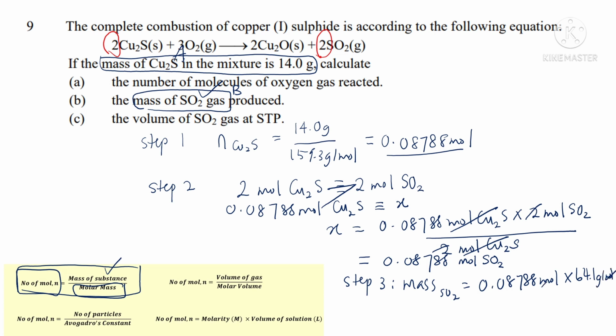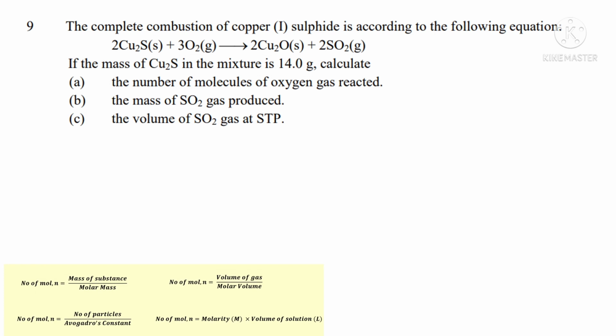So per mole and mole can cancel out to give us the mass of sulfur dioxide as 5.633 gram.